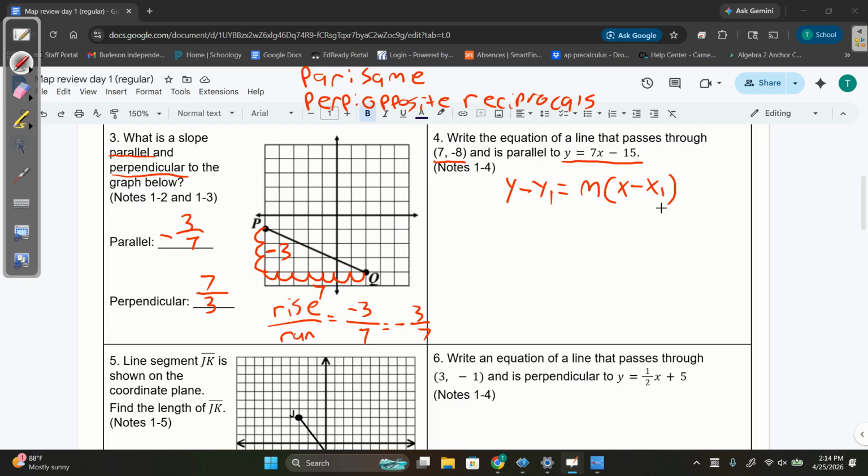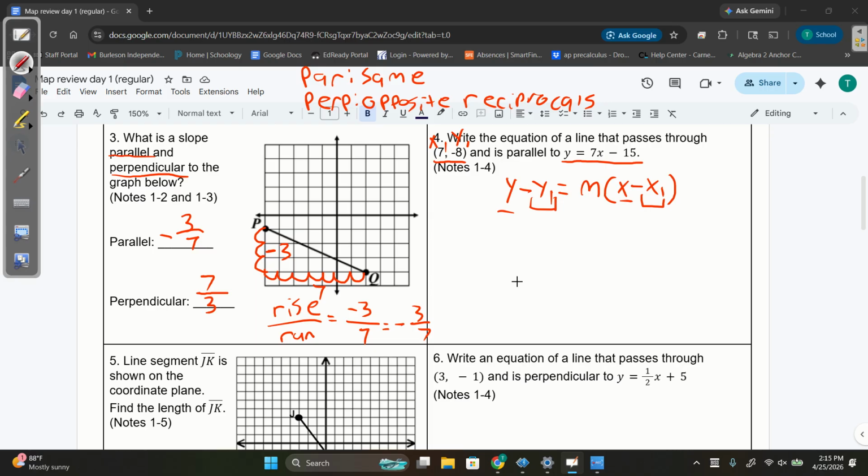Now in this case, the regular y and x are going to stay y and x. They're not going to change. This y1 and this x1 are going to change based on what my coordinate point is, because this is x1, and this is y1.